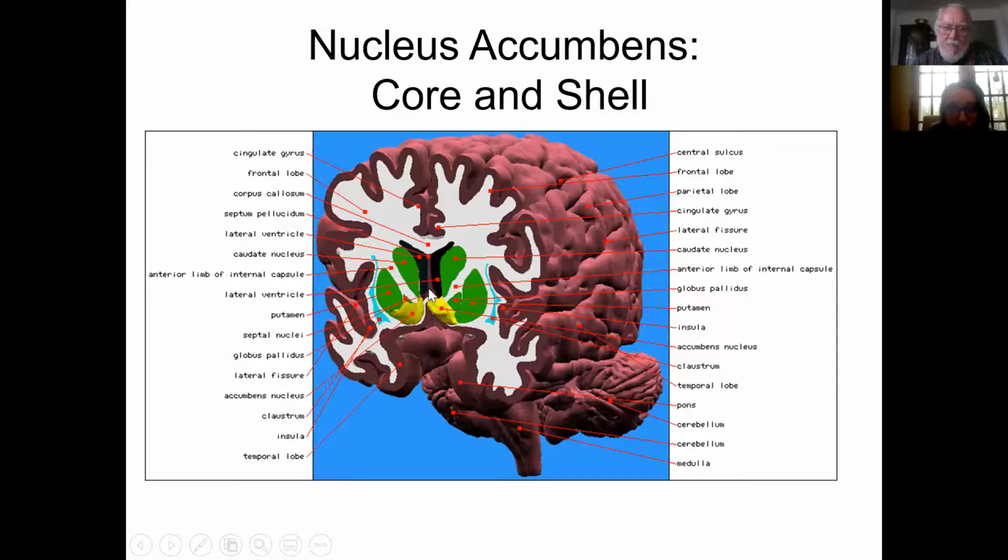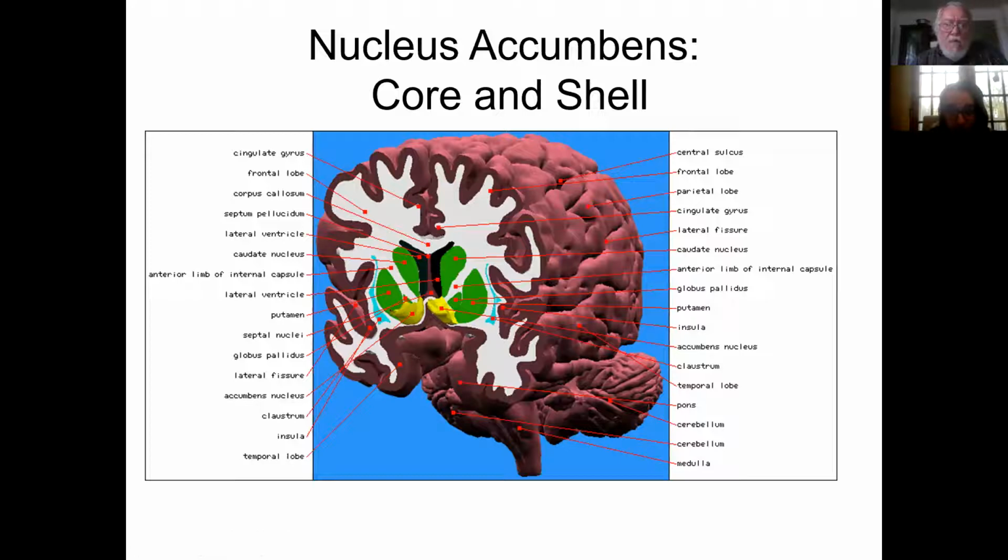Here's where the septal nuclei are. And just its very name, the Nucleus Accumbens septi, makes an argument that it is part of the septal nuclei and hence a part of the limbic system, an artificial contrivance.